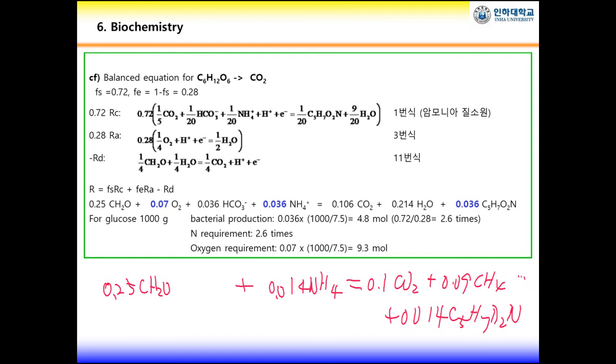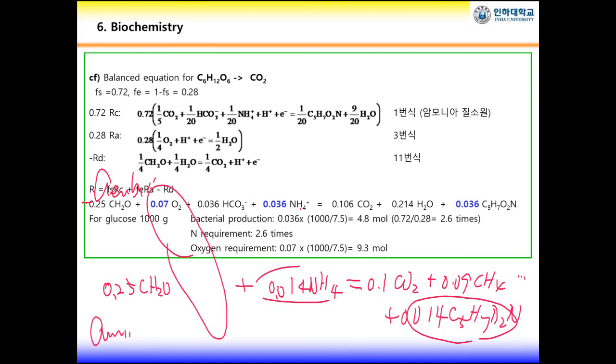If you compare this, the nitrogen requirement is much lower as fewer cells are produced. And the big difference between the aerobic and anaerobic process is the requirement of an electron acceptor.